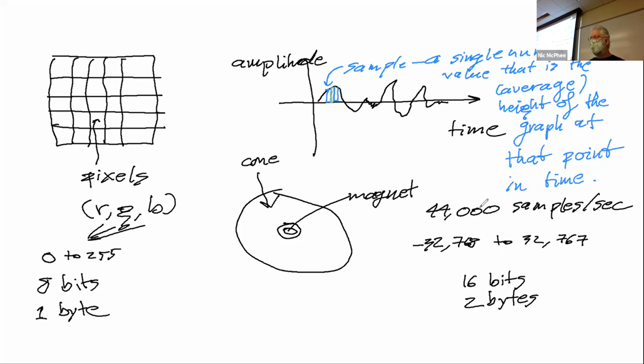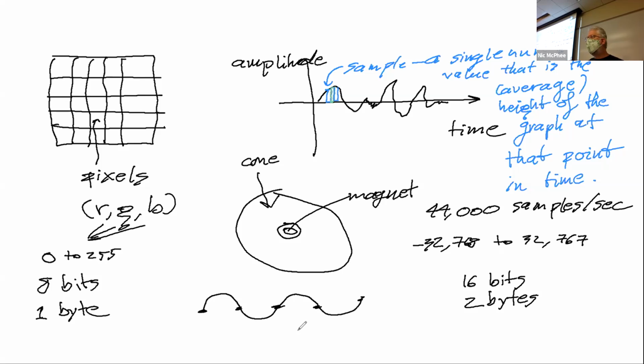To record a sound, you need to take samples at least twice the frequency of the sound that you wish to capture. And one way to think about that is imagine that you've got some sine wave. And let's say you took a sample here, here, here, here, and here.